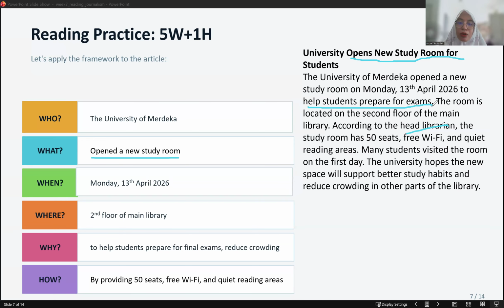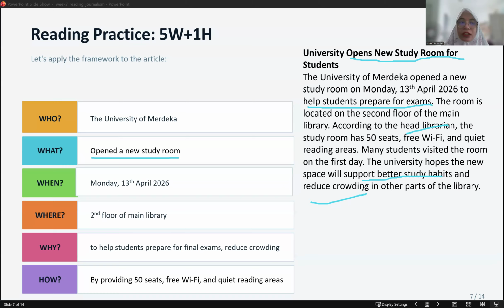And so what is the problem? What is the problem that is being solved that they have to open the new study room? You can answer something like support better study habits or reduce crowding. So maybe the problem is, before the exam started, there are a lot of students studying in the library.